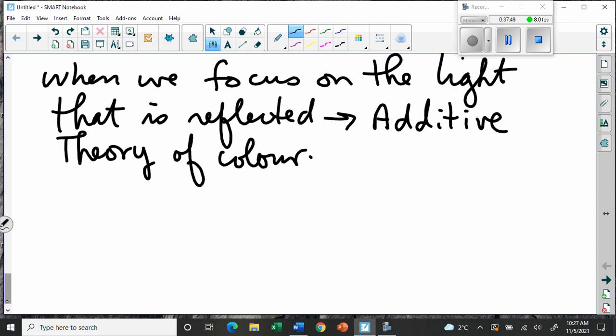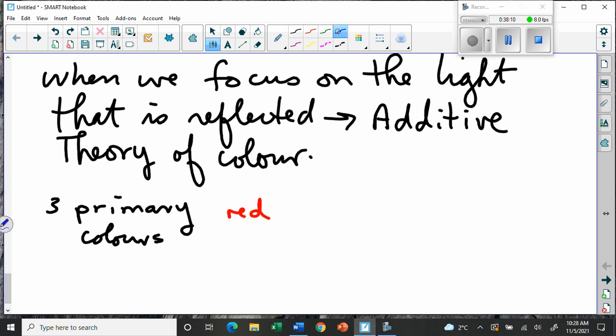Now, we'll summarize all the pictures that we've drawn. So, in the additive theory of color, there are three primary colors. And they are red, green, and blue.